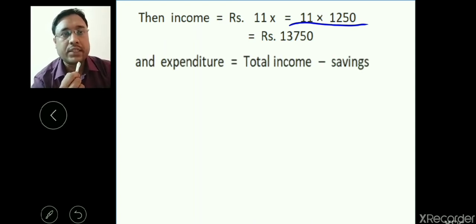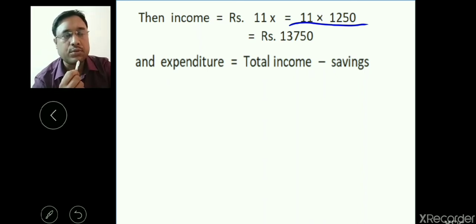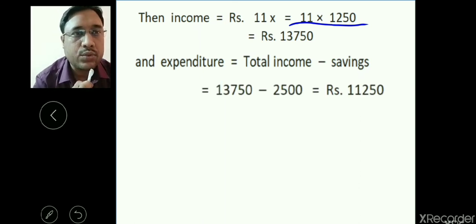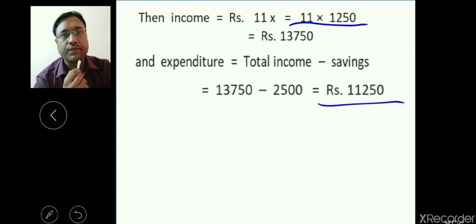And the expenditure equals total income minus savings. That means you have to subtract the savings from total income. So 13,750 minus 2,500, you will get 11,250 as the expenditure that we have to find out here.